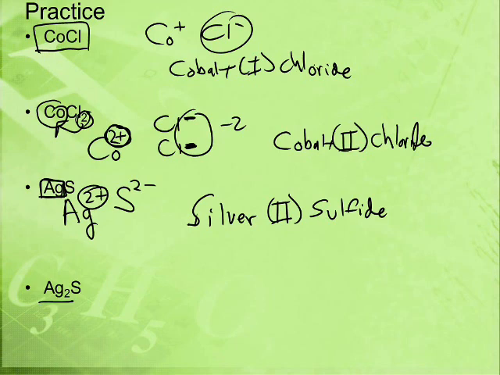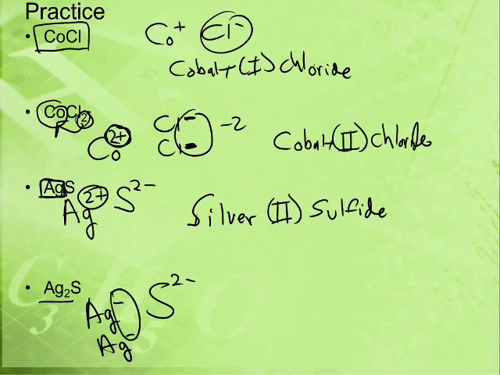All right, now this is Ag2S. The sulfide here, sulfur, is 2 minus. It's always going to be 2 minus. That doesn't change. It's the transition metals that change. Now we notice that there's 2 silvers. So that means it has to be a minus and a minus.